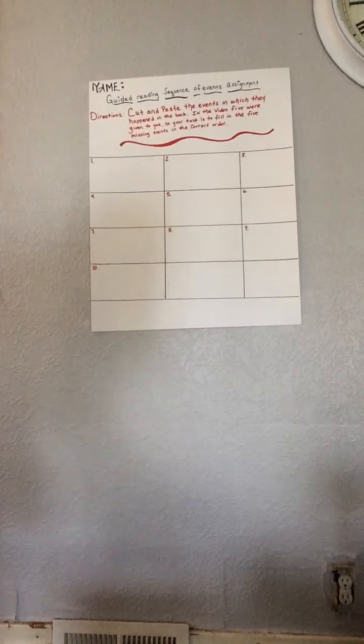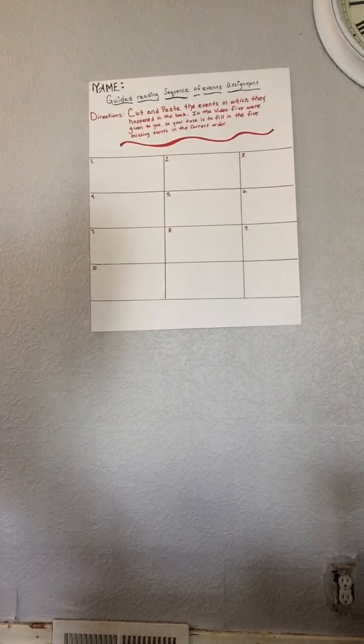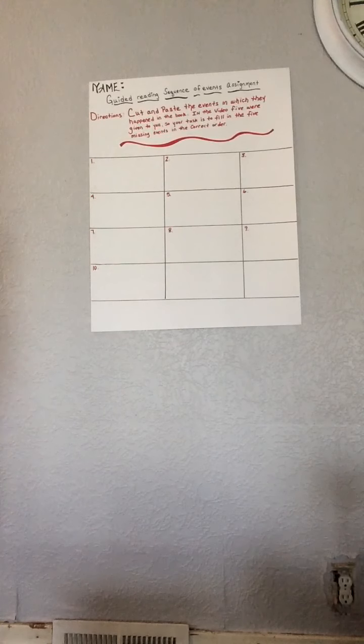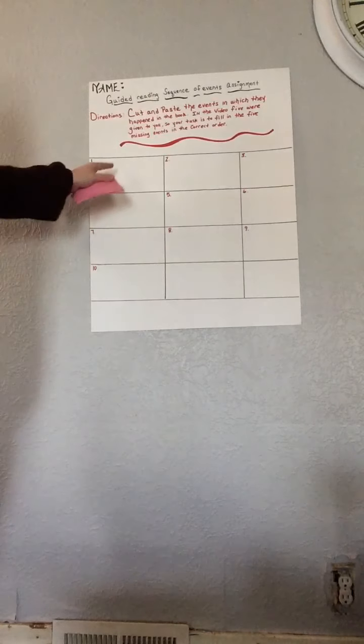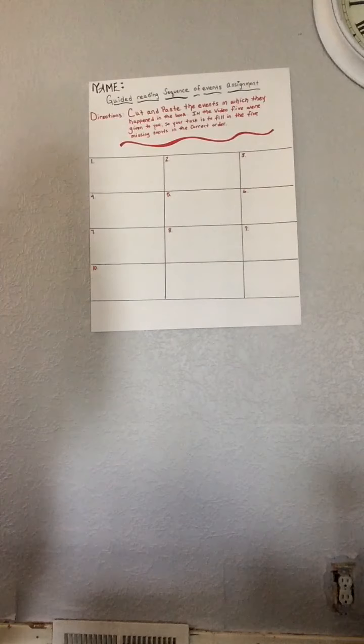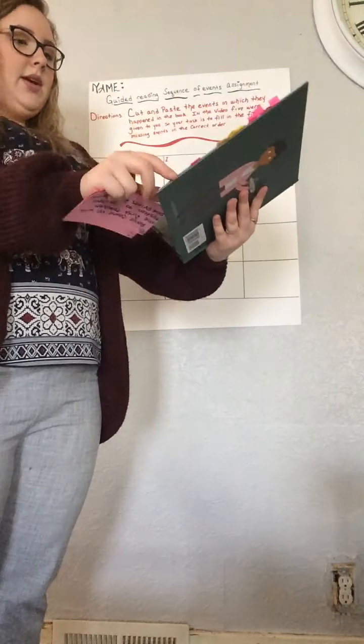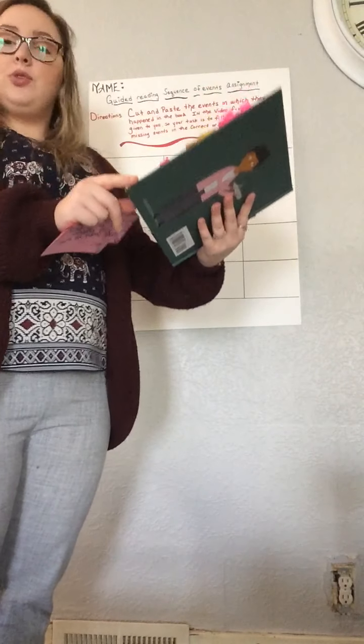This is just a copy of the handout, just in bigger print. So what we're going to do is go back in the book and we're going to figure out what number 1 should be. If we go back and we reread, you guys can go back in the video since you don't have a hard copy.